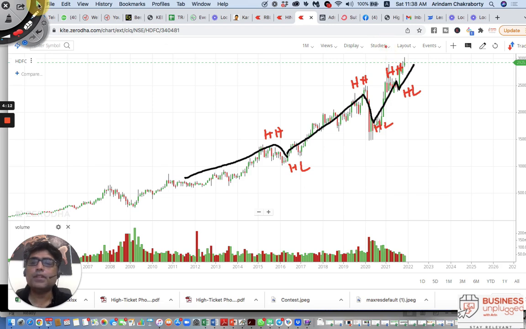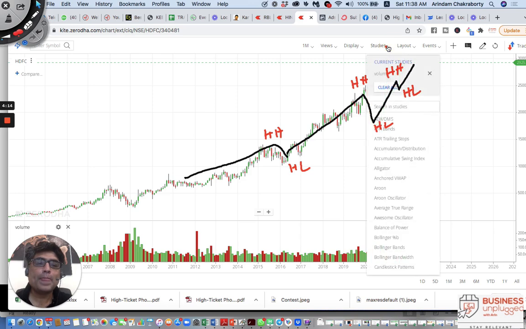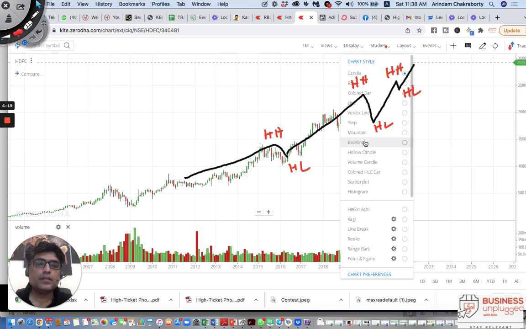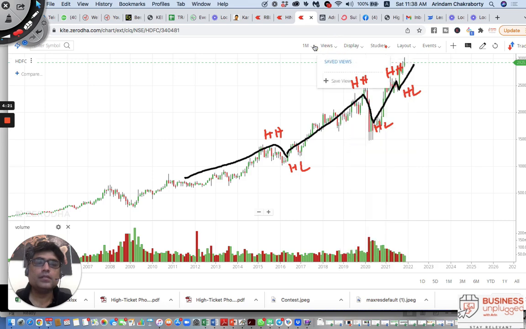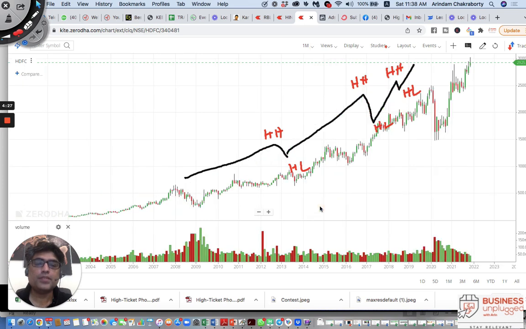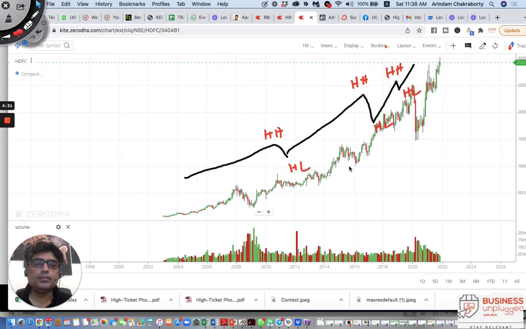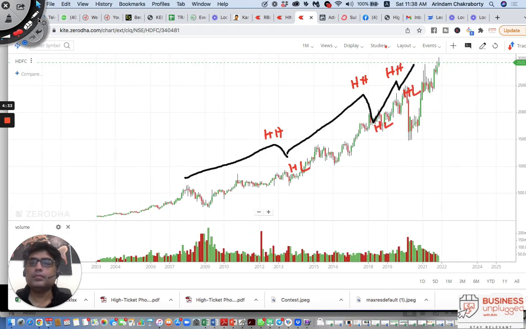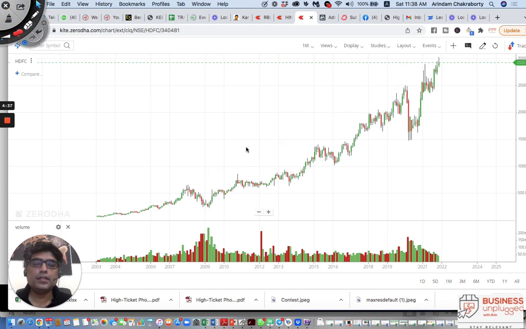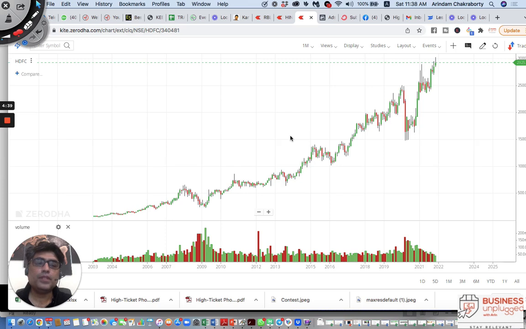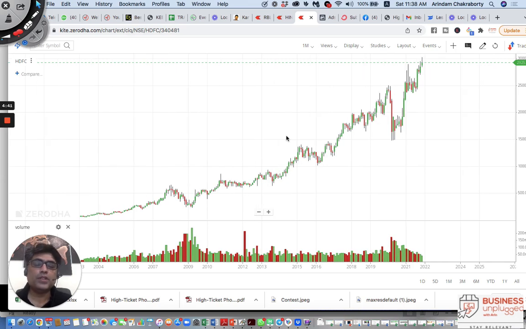This is the monthly chart, as you see, which we have placed here. The thing that I showed was on a monthly chart.